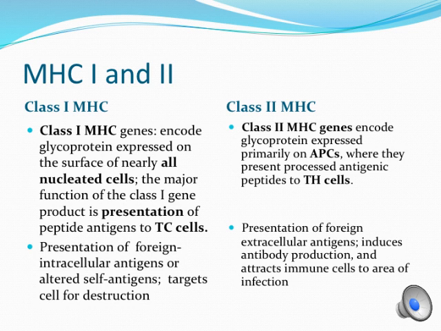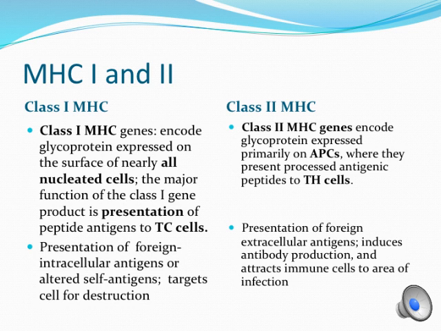Class 2 MHC will be having the T helper cells for recognition, and class 1 MHC will be having the cytotoxic cells for recognition. Now class 1 MHC, the presentation of foreign intracellular antigens. Foreign intracellular means intracellular, that is within my own cell, but foreign, my body is not able to identify it. Or the altered self antigens.